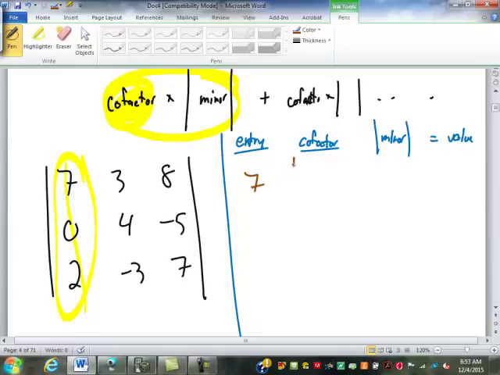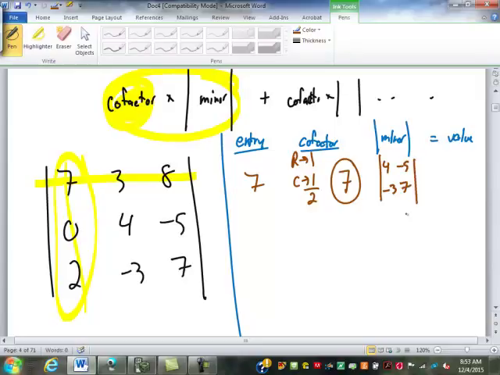Its cofactor: well, it is in row 1, column 1, which adds up to 2. That's even, so the cofactor is just a 7. The minor: if I take out the column and the row, I am left with 4, -5, -3, 7. Does everybody see where that minor comes from?